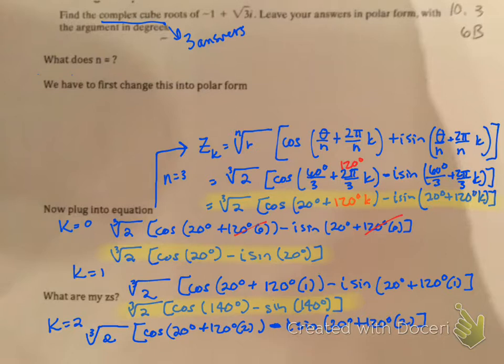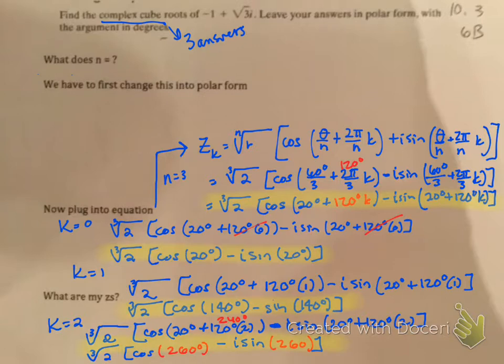Okay, what's my answer? Cube root of 2, cosine of 120 times 2 is 240. So 240 plus 20 is going to give me 260 minus i sine of the same thing, 260. Okay, and that is my third answer.